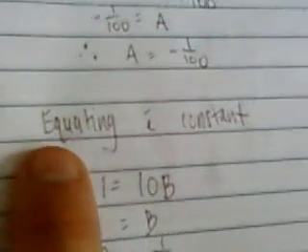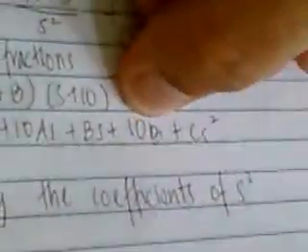Okay. Then we equate the constant, which is 1 and 10B. Over here, 1 equals 10B. Then I bring the 10 over, it is 1 over 10. Therefore, B is equal to 1 over 10. Now we have A, B, and C. We can substitute the whole thing inside.